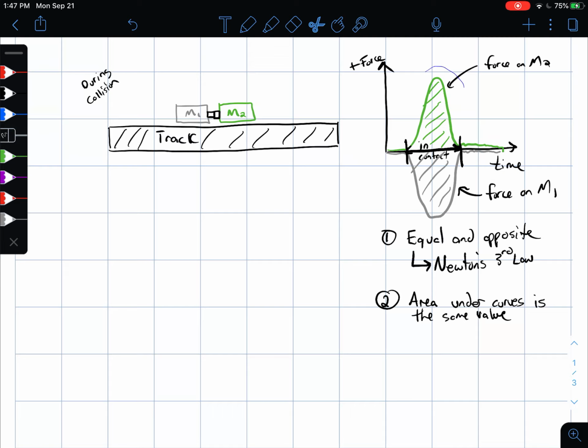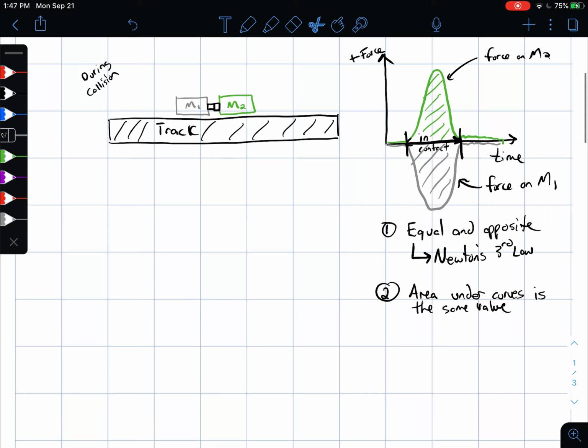And it was given to M2 because it's a positive value. This tells us how much momentum was taken away from cart M1. Taken away because it's a negative value. All right?